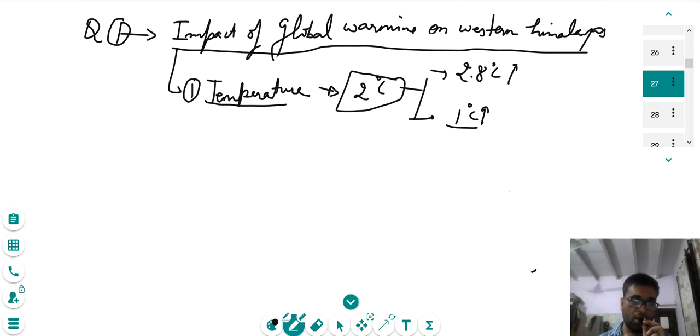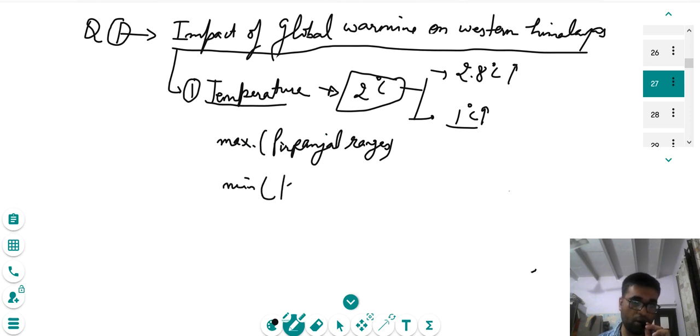Okay, and the maximum temperature increase, in terms of the ranges, has been witnessed in the Pir Panjal ranges. And the minimum temperature increase has been in the Karakoram ranges.